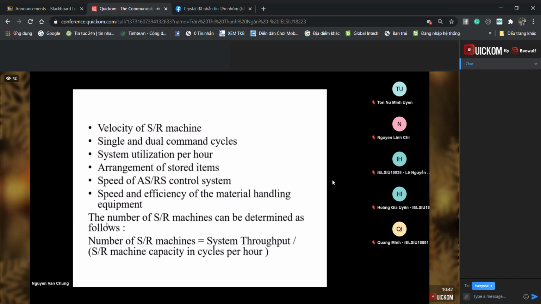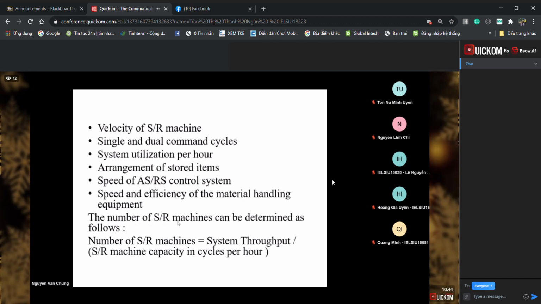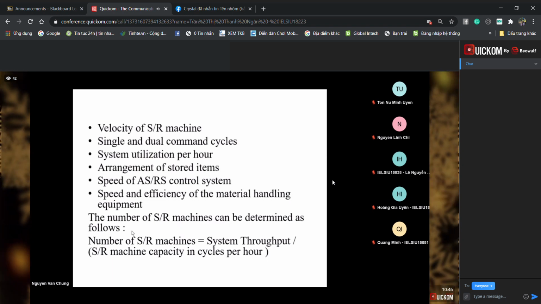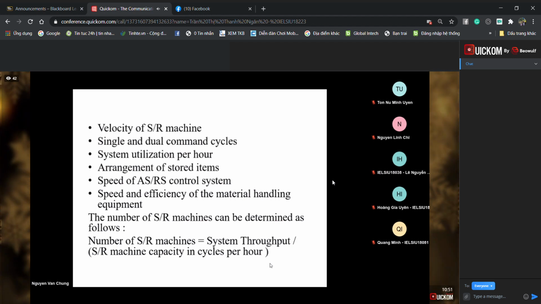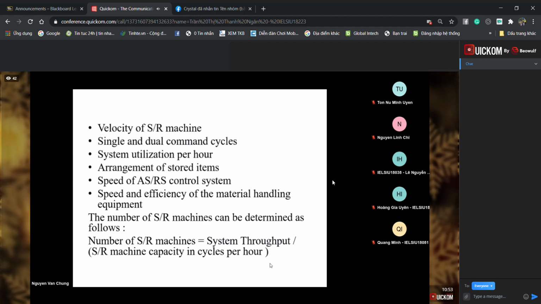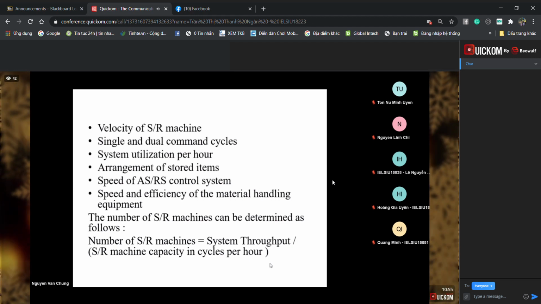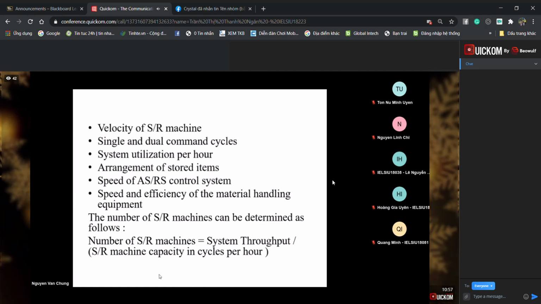So the number of ASRS machines can be determined now. You remember, maybe in the handout, you have this problem.